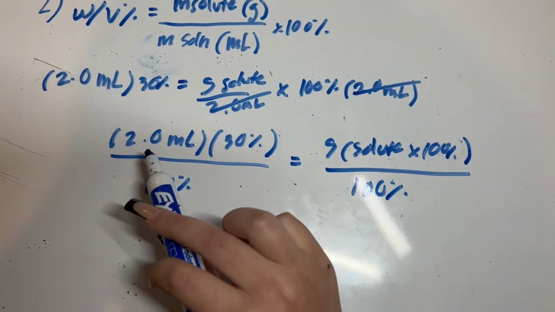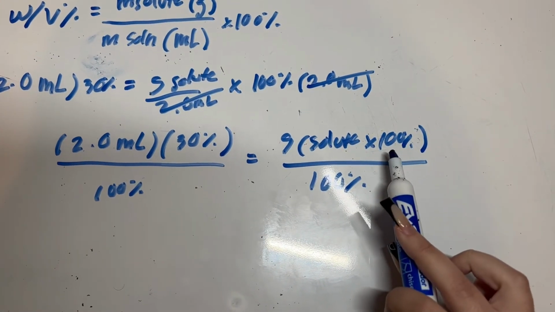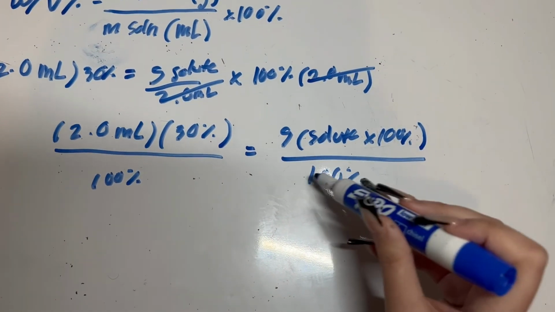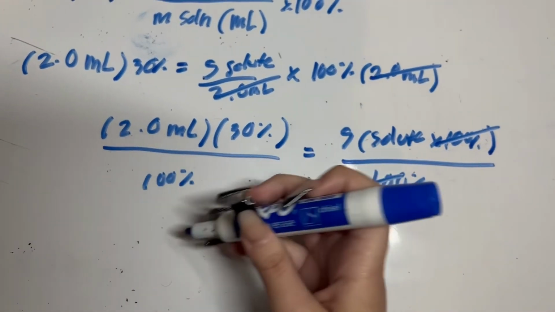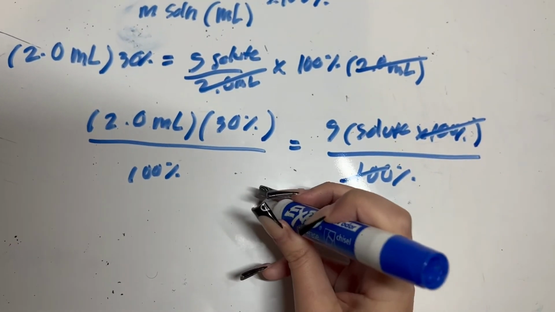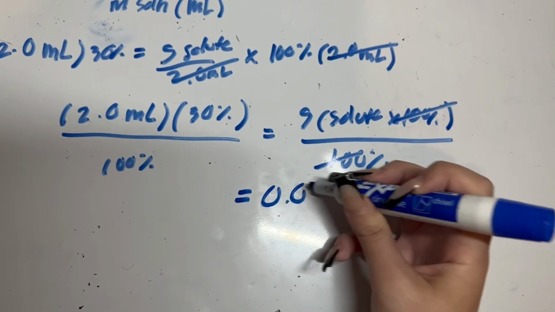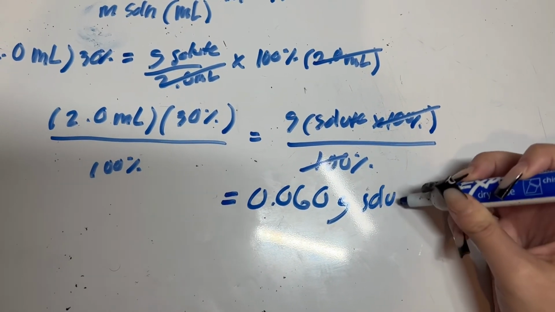Okay, so this is what I did. So basically I wrote everything out, and since this is times 100%, we got to get rid of that. So got rid of this to basically solve it now. So we get 0.060 g solute.